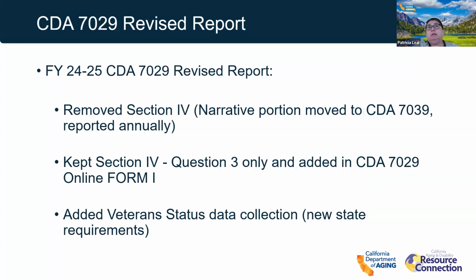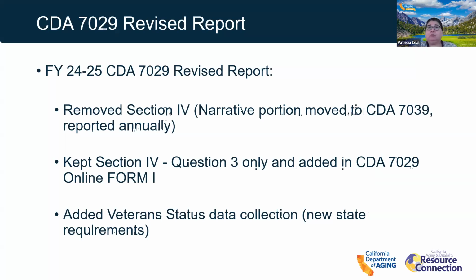So moving on, you will have only 3 links: form 1, form 2, and form 3. Form 4 has completely been removed, and therefore you don't have any data to collect in that form. But we have spread that information into the other forms, into the annual plan and into form 1.